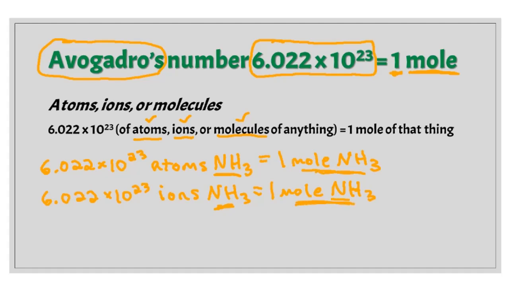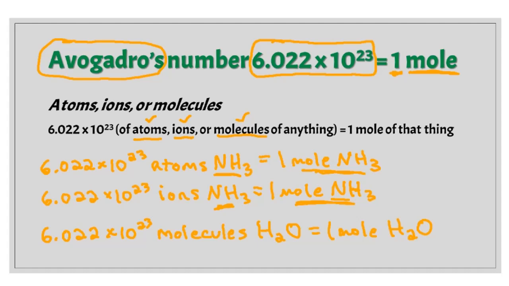that NH3. So if we have 6.022 times 10 to the 23 molecules of water, which is H2O, we're going to have 1 mole of water.